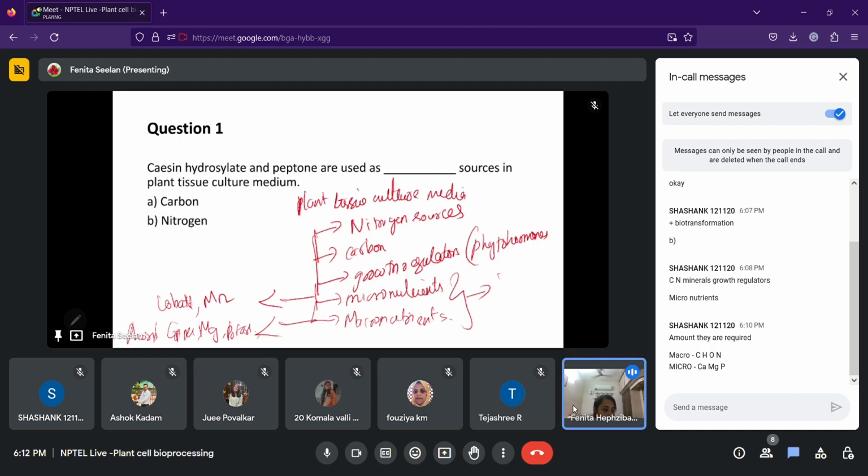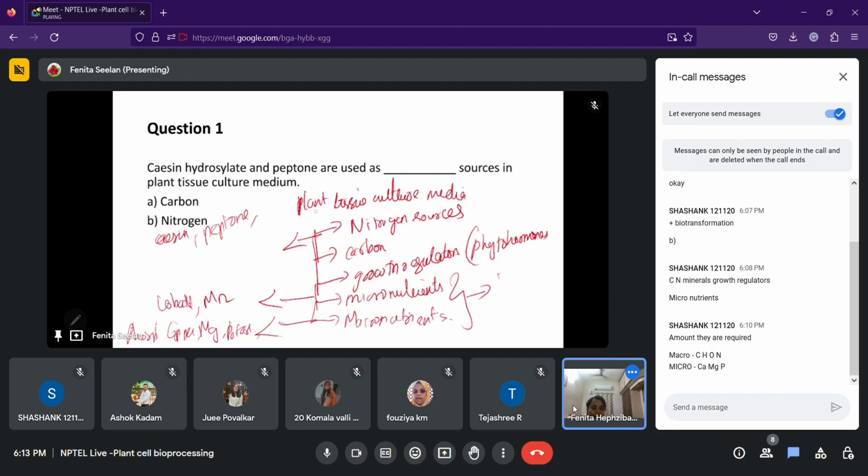Similarly, for any plant tissue culture media, there will be a nitrogen source. In this question it is given casein hydrolysate, casein, peptone. What are other major sources of nitrogen for plant tissue culture medium?